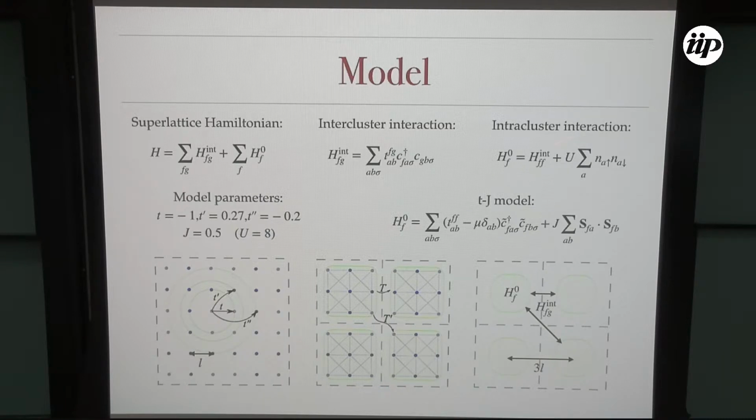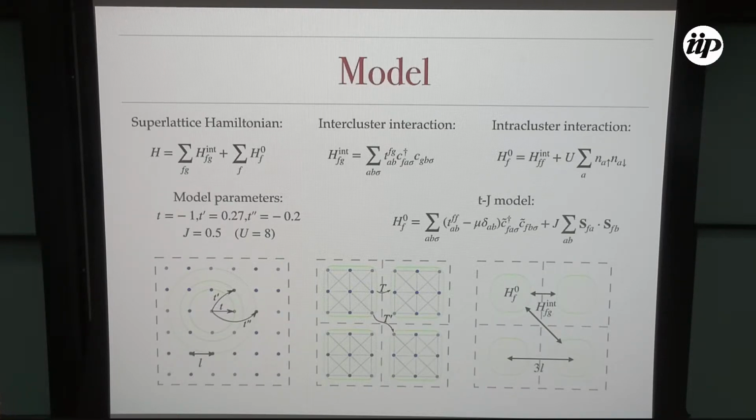And we put U as a very large value, so we can replace the Hubbard model inside the cluster with the TG model. In this case, we have constrained fermion creation and annihilation operators, and we also have a spin-spin interaction.